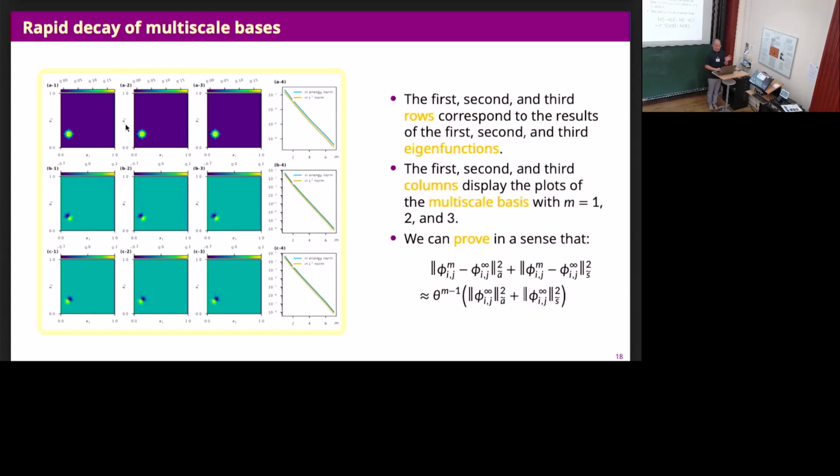In the first row over here, we show the first multiscale basis, and we also consider three oversample regions. For example, this is for m equal to 1, this is m equal to 2, this is m equal to 3.